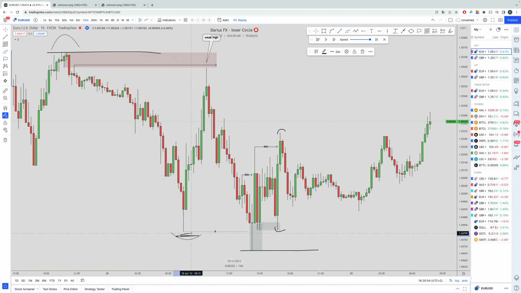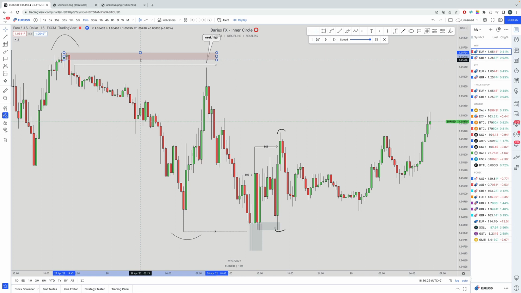Okay, from here till here, because you wicked below, but it gave you the option now, or the probability, that it will go up higher, because of the matter of fact that price failed to go lower. So what I expect is at least price to take out this. Now it doesn't need right now to really take out this as well. It could in this case also only tap into the supply zone and then go short.